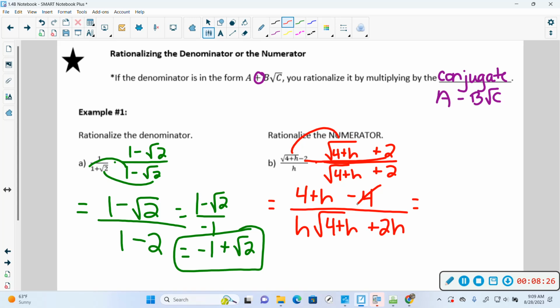All right, kind of messy, but let's take a look at it, see if we can simplify anything. So of course the 4's on top are going to cancel. And you know what? I could reduce one other thing out of all the terms. What do all the terms have on them? H. So I'm going to take an h out of here, which will leave me with a 1 to hold the place. I'll pull the h off of this term, and I'll pull the h off of this term. So I'm going to be left with 1 over square root of 4 plus h plus 2.